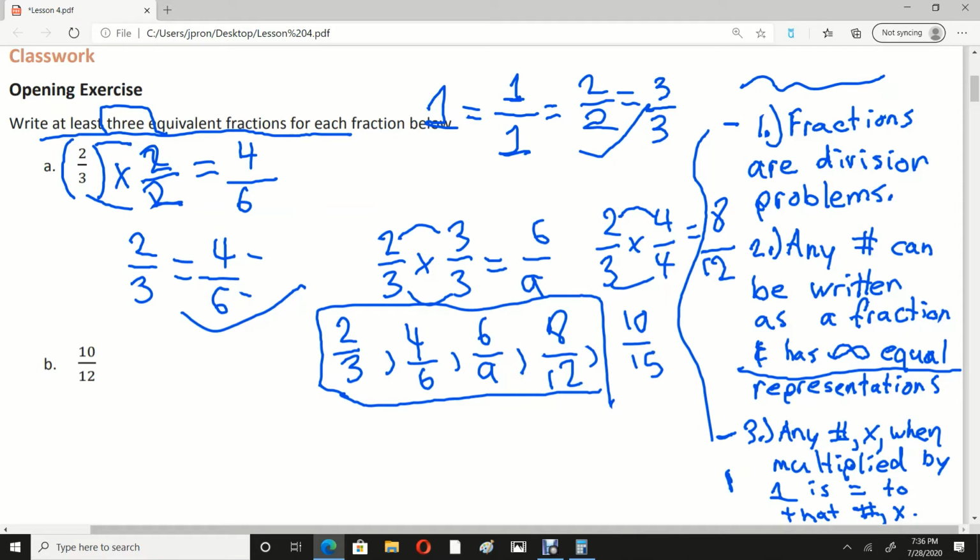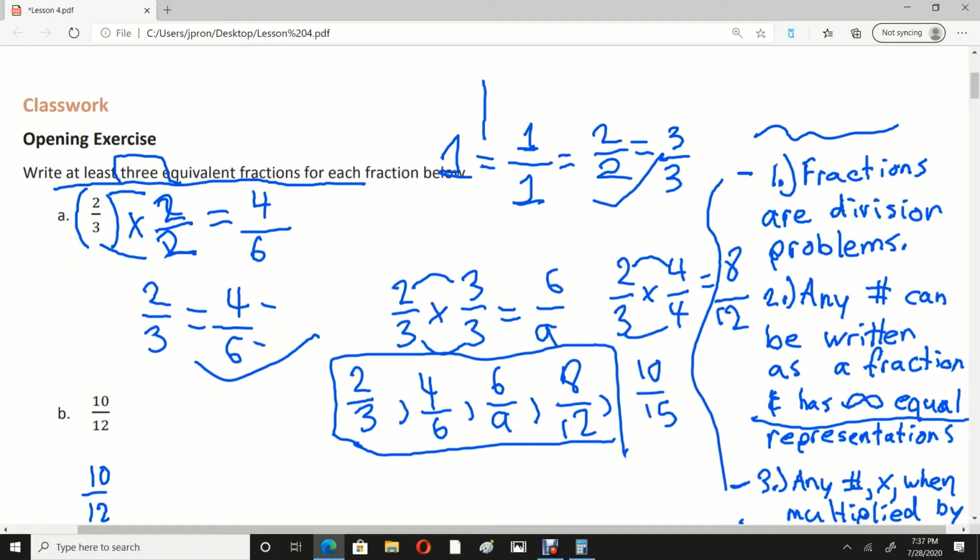So with that in mind, let's move on to the second one, 10 over 12. We can totally use this method that we used before, where we took the equivalent fractions of 1 and multiplied them times the fraction.